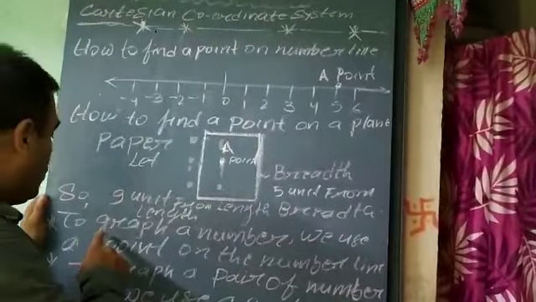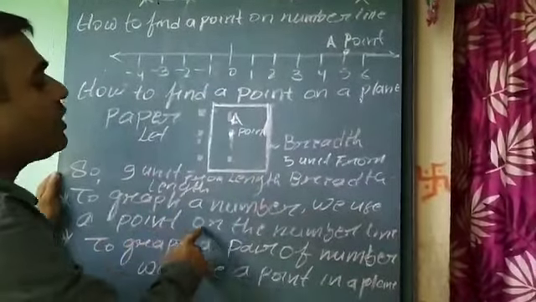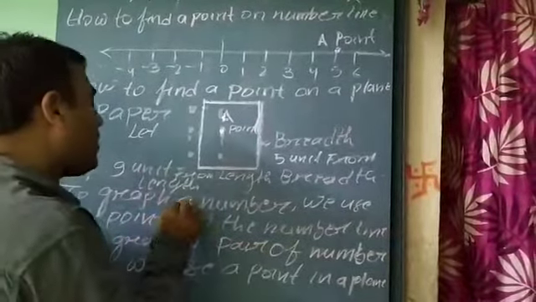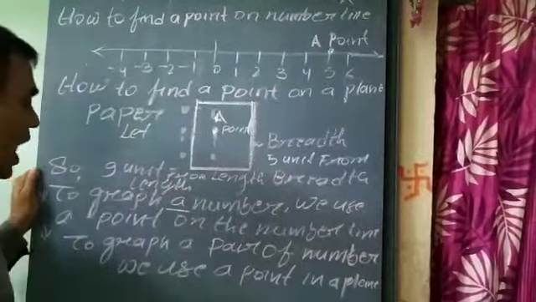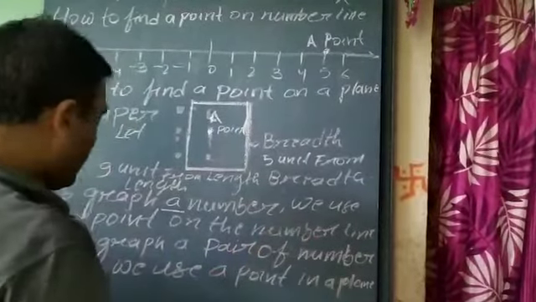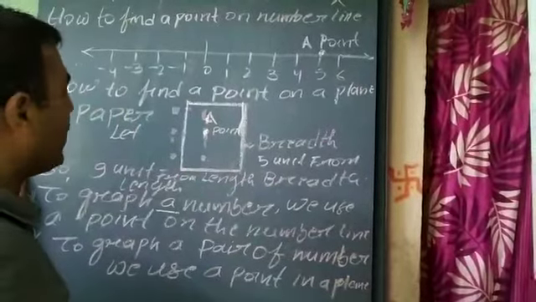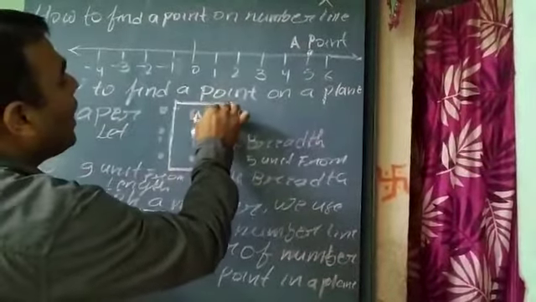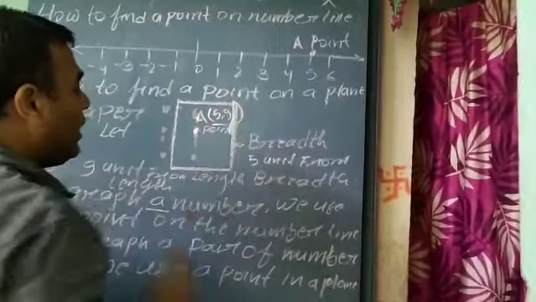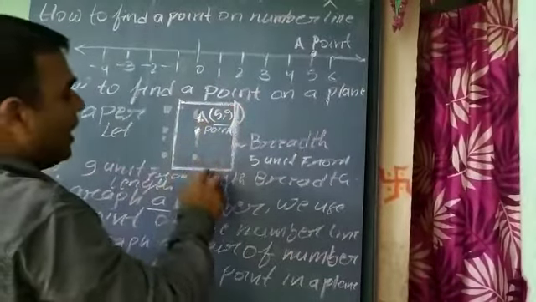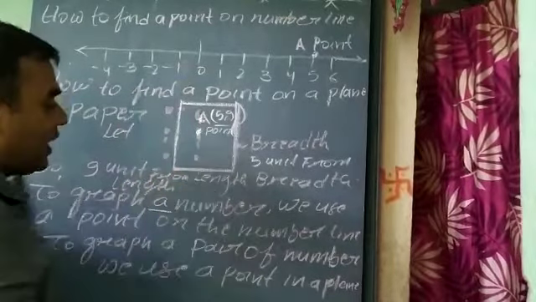So to graph a number, we use a point on the number line, and to graph a pair of numbers, we use a point in the plane. Here A is denoted by two numbers, 5 and 9. We have denoted A as 5 units from the breadth side and 9 units from the length side.